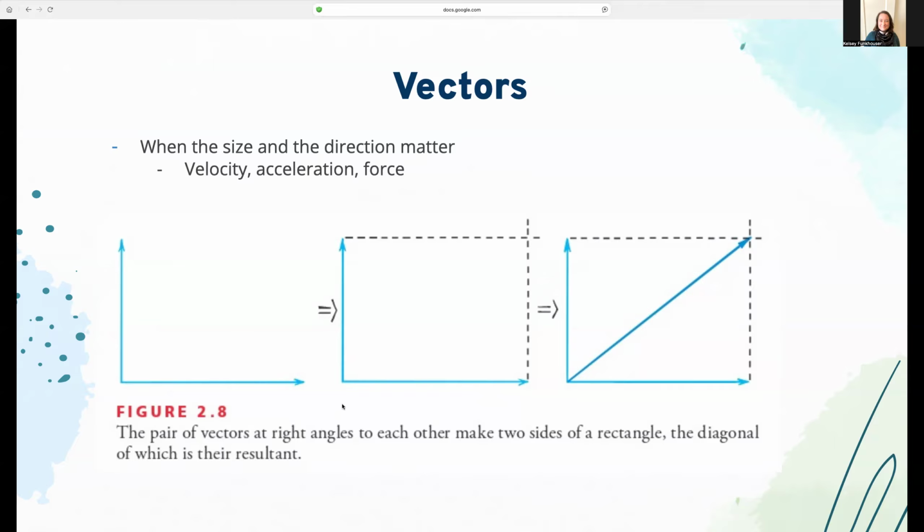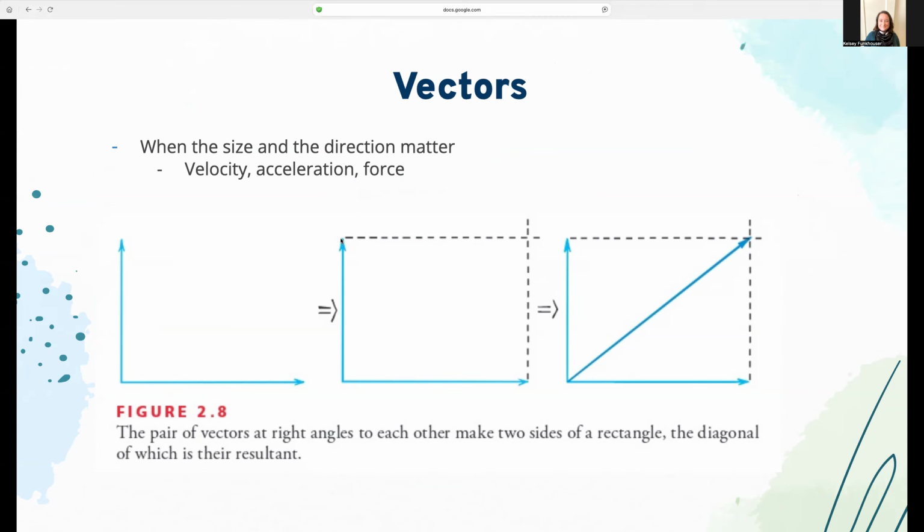So we have these two vectors here. Maybe two different forces are being applied to an object or something like that. And we want to figure out what the net force, the overall force, or the resultant is. To do that, we use the parallelogram rule, which doesn't look like a parallelogram right now. It looks like a rectangle, but rectangles are parallelograms.